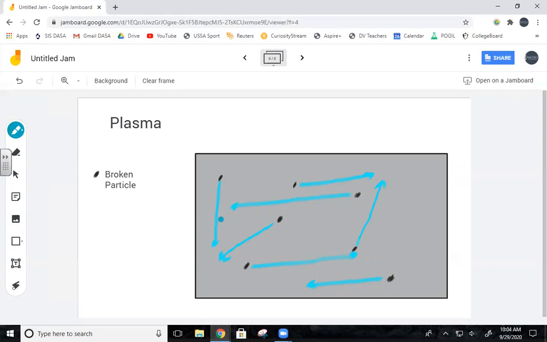Plasmas are extremely hot. And when I say extremely hot, we're talking millions of degrees. And it doesn't matter at that point if it's Fahrenheit or Celsius, it's just millions of degrees.